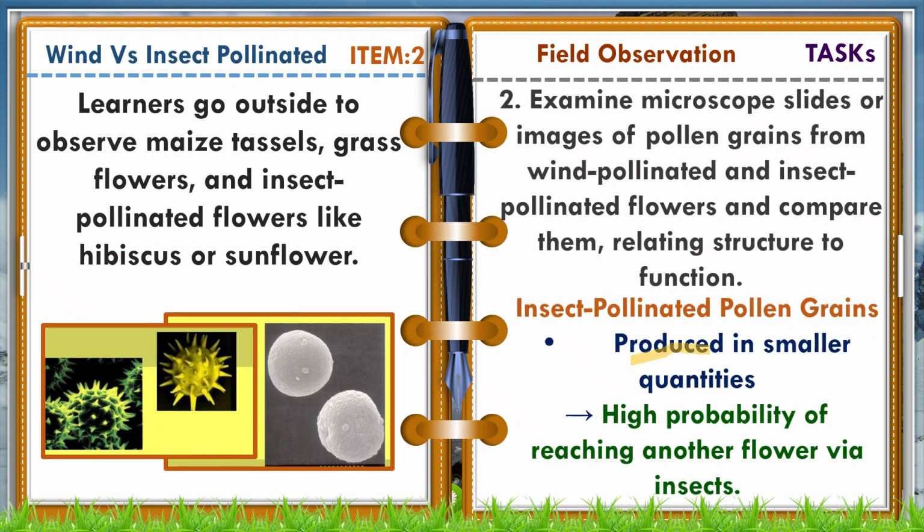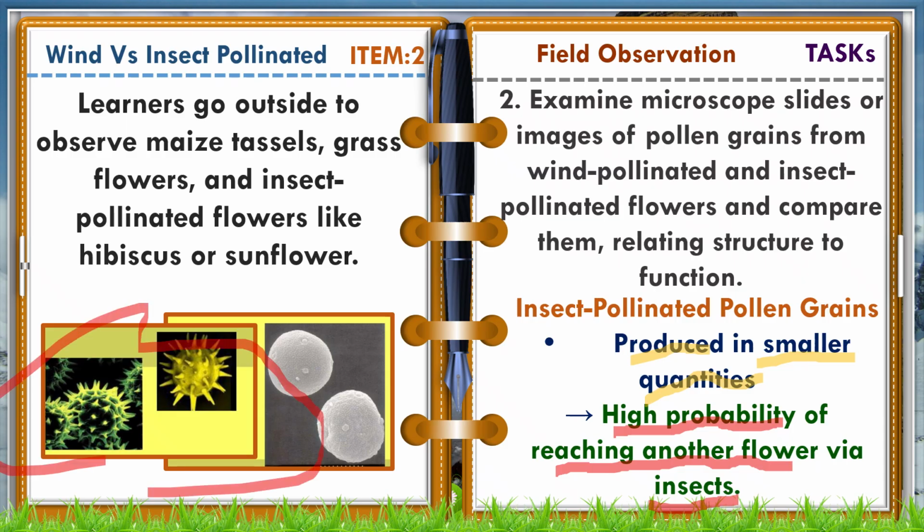They are produced in small quantities. Why? Because there is a high probability of reaching another flower via insect. Because we know that they are going to be carried by what?